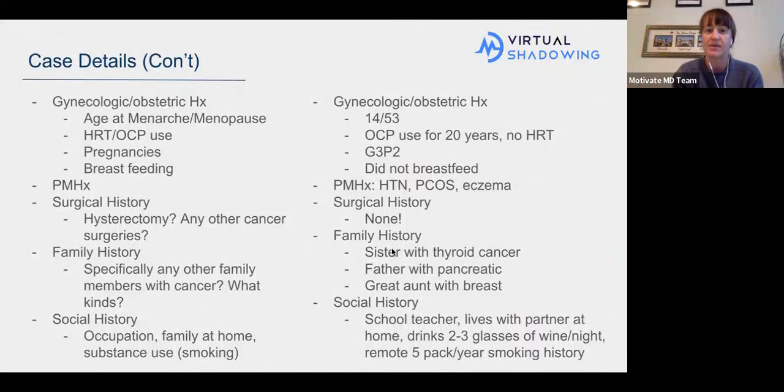Okay, the next thing being family history. For this patient specifically, she has a sister with thyroid cancer, a father with pancreatic cancer, and a great aunt with breast cancer. Given this family history, this patient would probably qualify for genetic testing. And the reason that she would qualify for genetic testing to be covered by insurance is because she has a parent, a first-degree relative with pancreatic cancer.